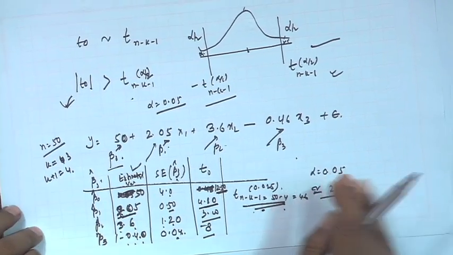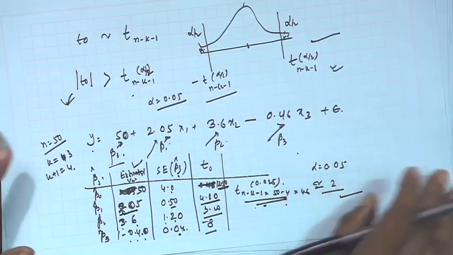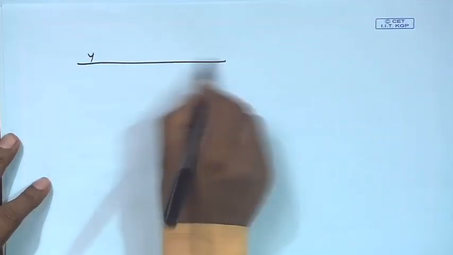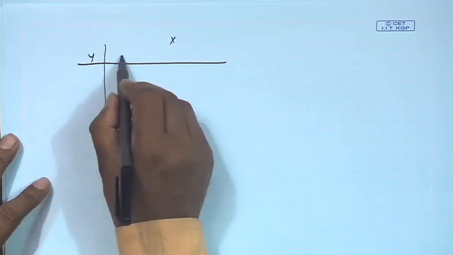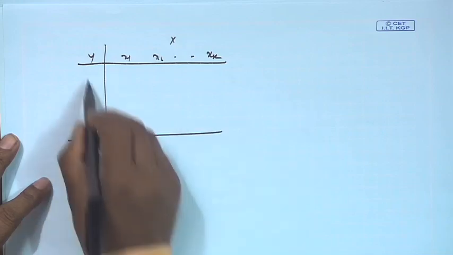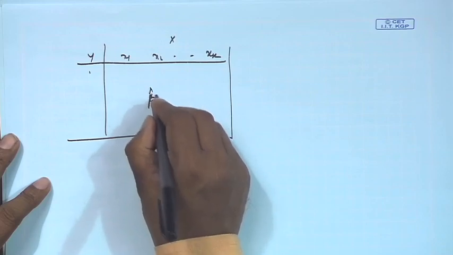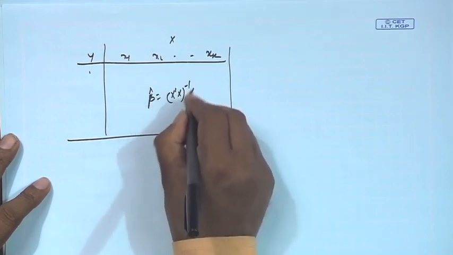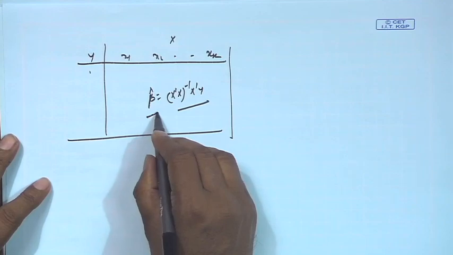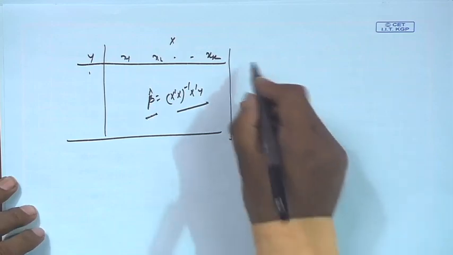That is what the individual parameter test is. So that means you have data set y and x: x1, x2 to xk, and then y1 to yn. From this data, using beta cap equals X transpose X inverse X transpose y, you calculate this, you calculate the variance and all those things, and then you get the equation.